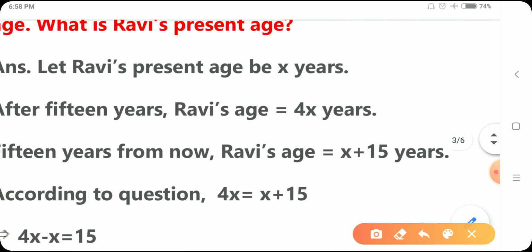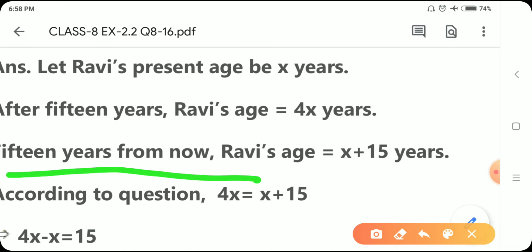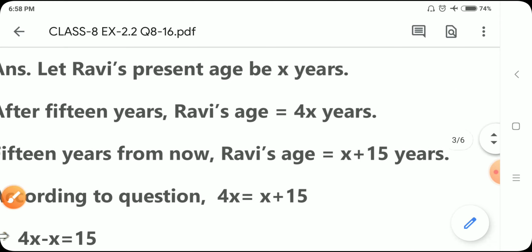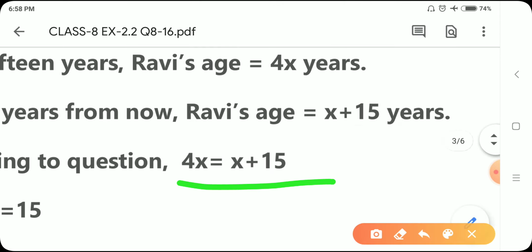Also we know that 15 years from now, Ravi's age will become x plus 15. Now this age is also after 15 years, so we can take these two together. According to the question, these two ages are equal, meaning 4x is equal to x plus 15.